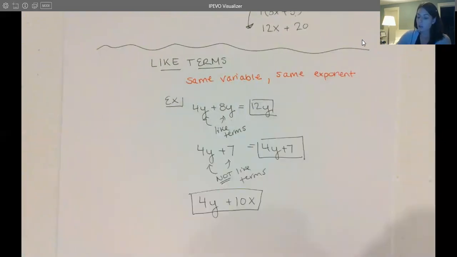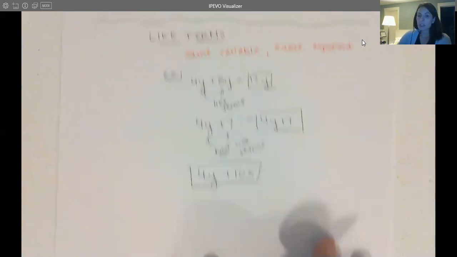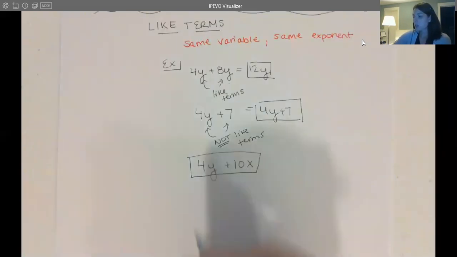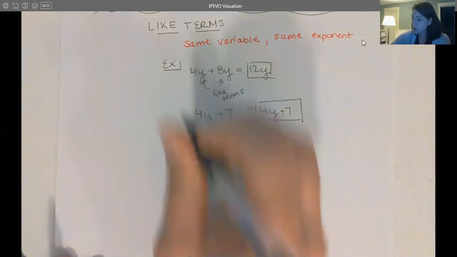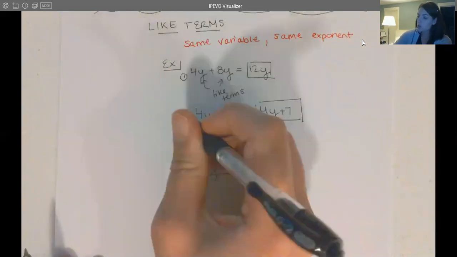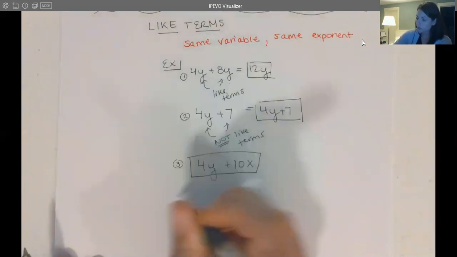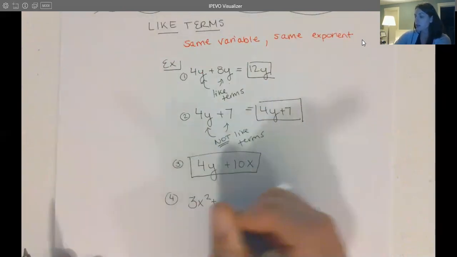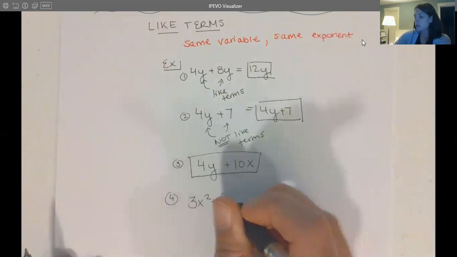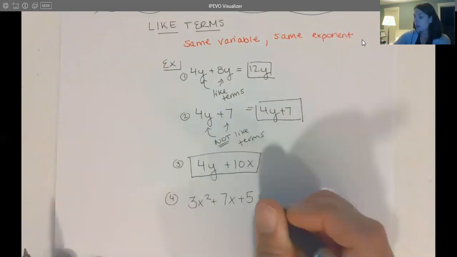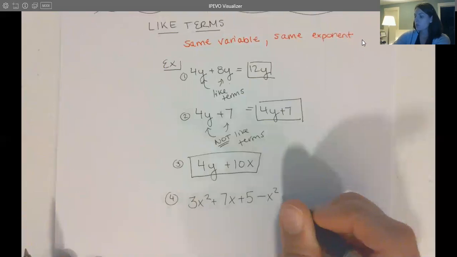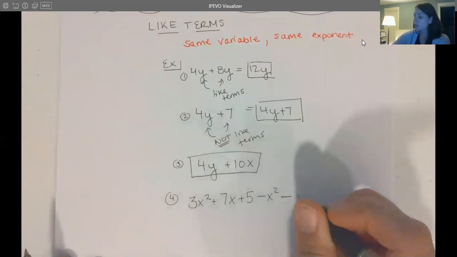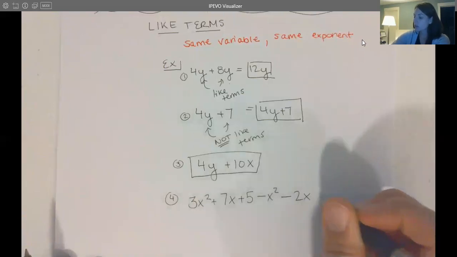And what we're going to be looking at is some problems where there are several like terms to combine. So one last example here. So here's example 1, example 2, example 3. If I had, let's say, 3x squared plus 7x plus 5 subtract x squared subtract 2x plus 1.